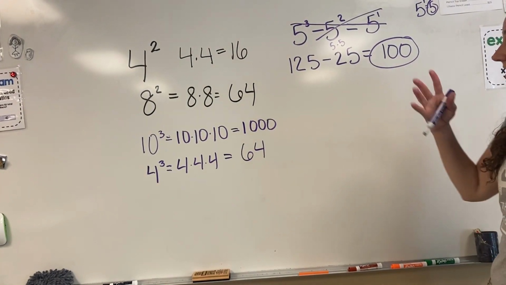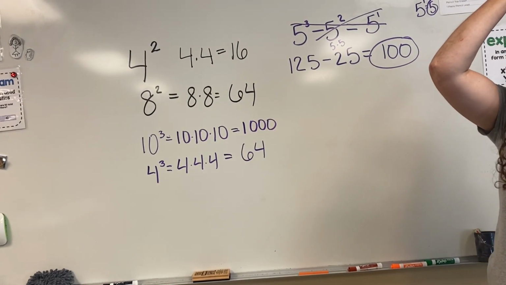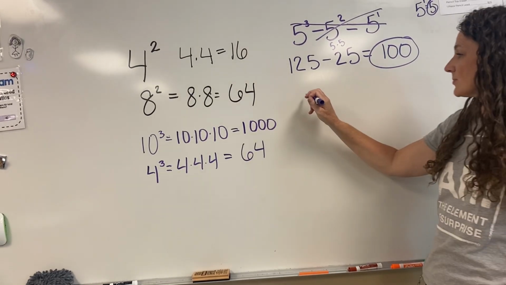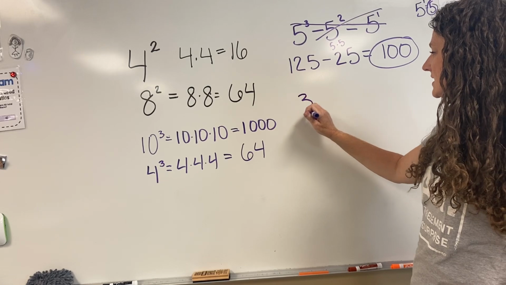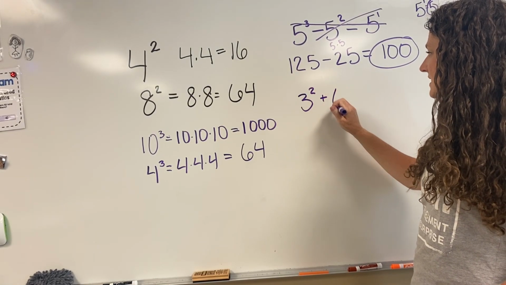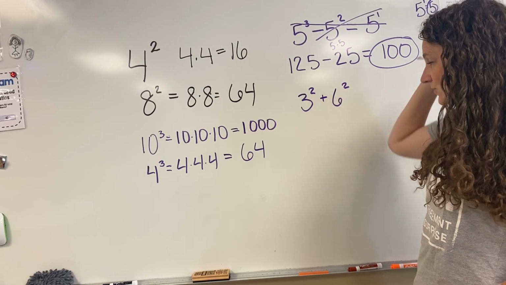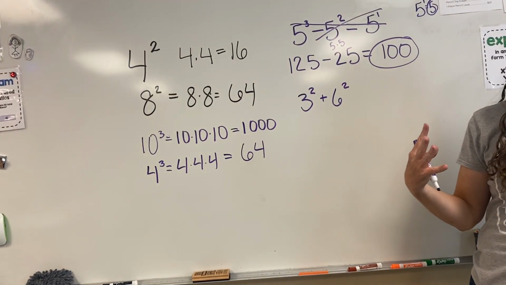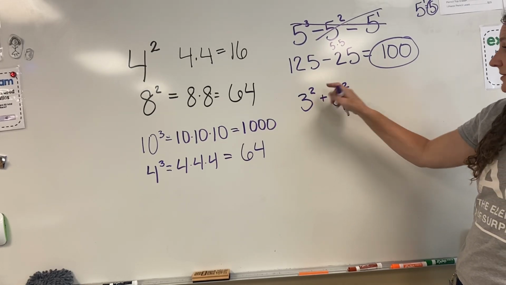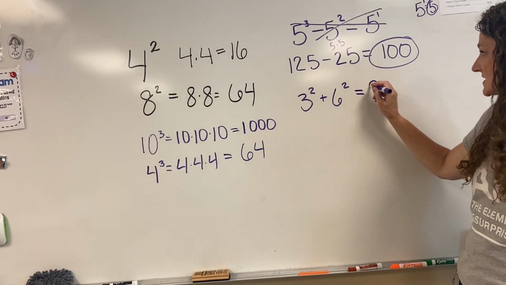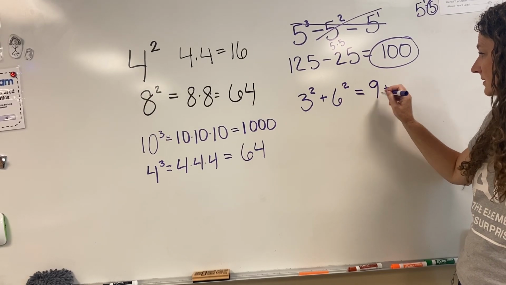Okay, if you look on the back of your paper, I have your first one started for you. So what does that problem say? It says 3 squared plus 6 squared. It really helps a lot to show your work and show what you're doing. So what is 3 squared? 9. What's 6 squared? 36.